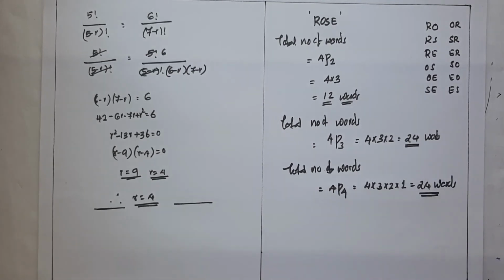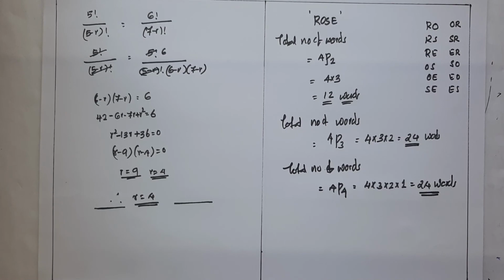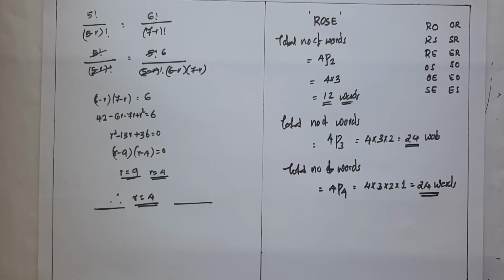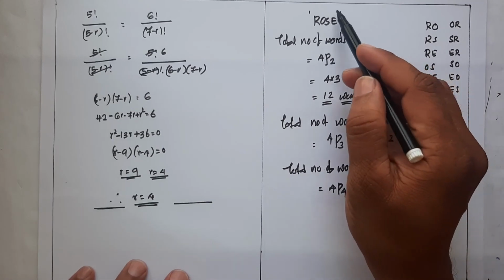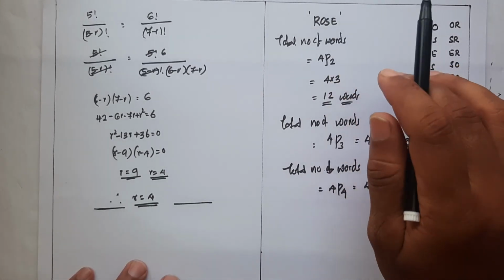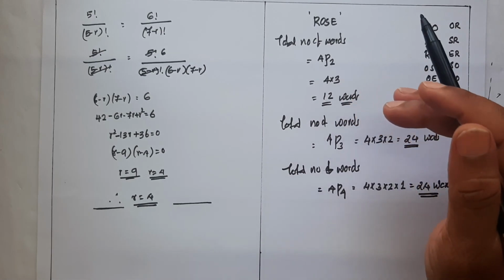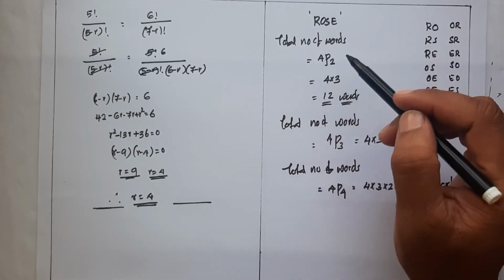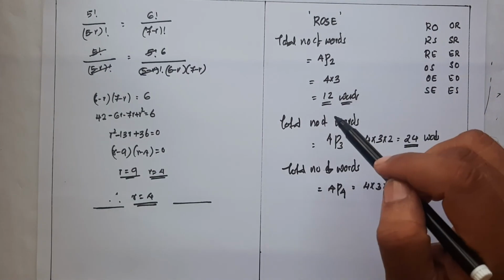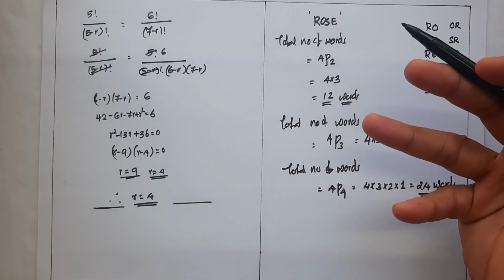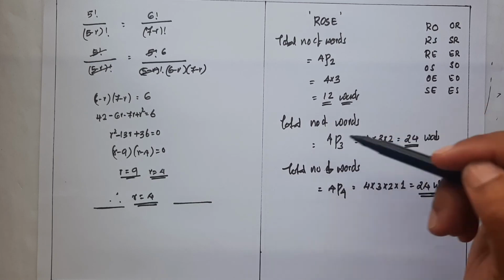Actually, we use the concept of permutation only for this kind of arrangement. That is, permutation is an arrangement of n objects taken r at a time. Here a word is given, and the word contains 4 letters. When asked how many 2-letter words are formed, we use the formula 4p2. When asked how many 3-letter words can be formed, we use the formula 4p3.